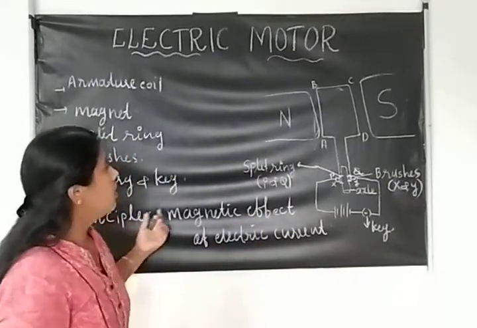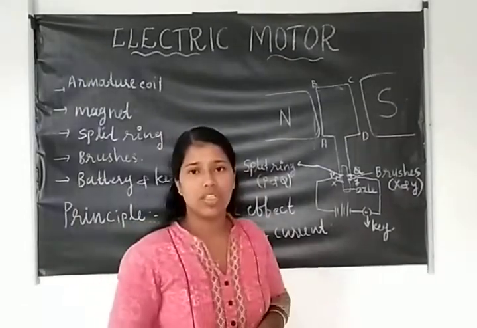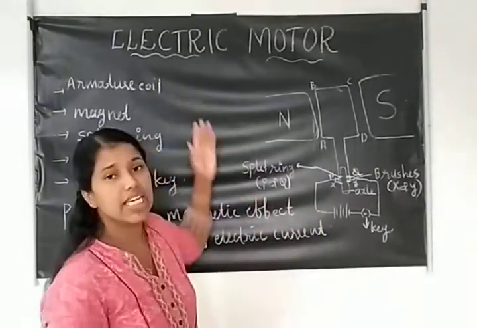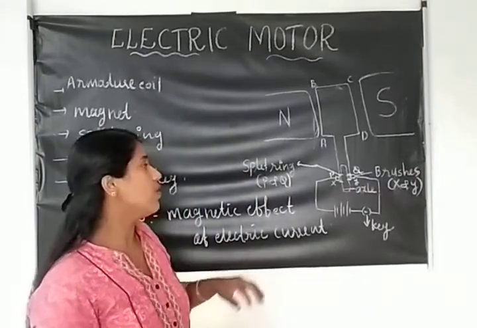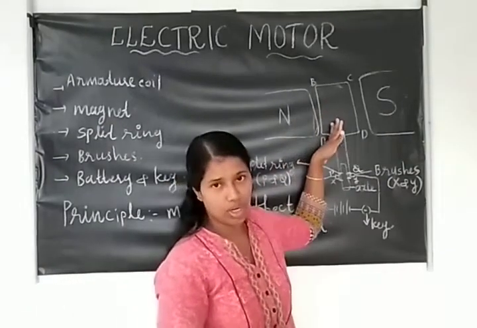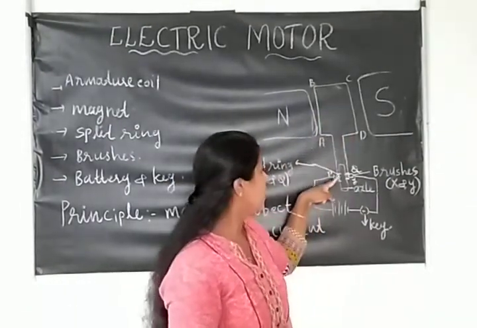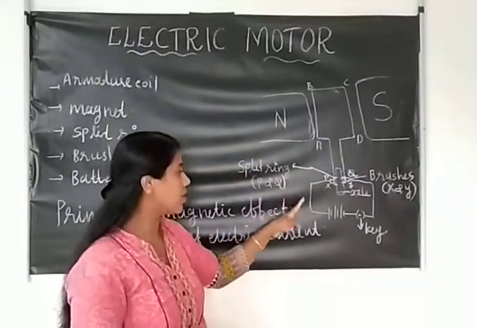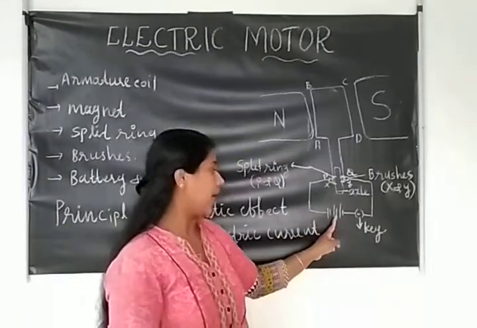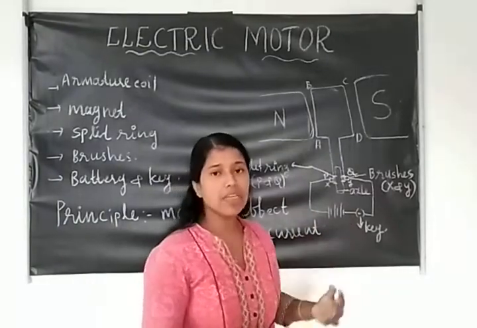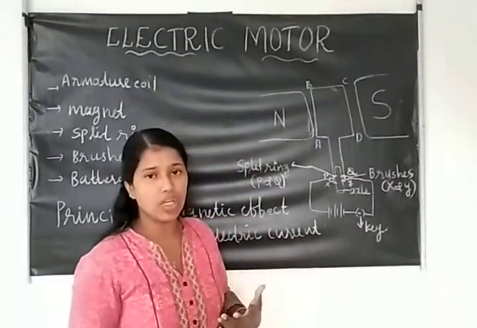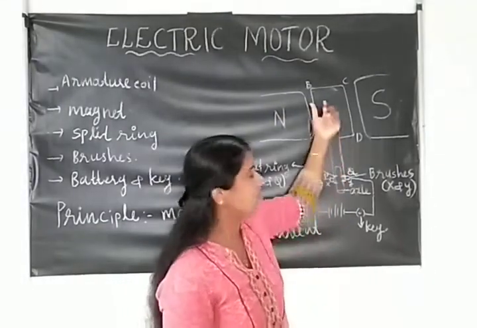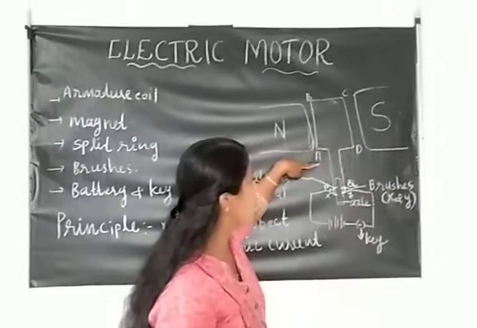Then how will it work? What is the working of this electric motor? The rectangular coil is connected to split rings, which are connected to two brushes, then battery and key. From this battery, current passes through the circuit and enters the rectangular coil through side AB.